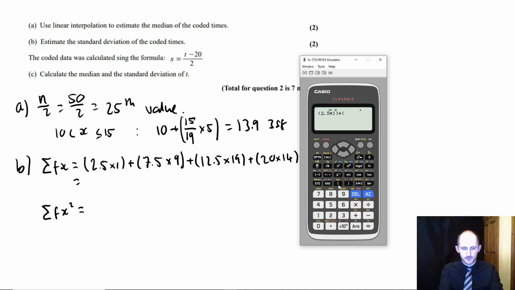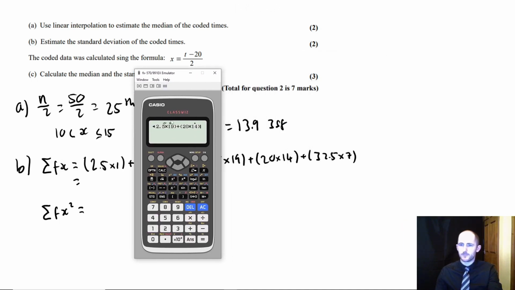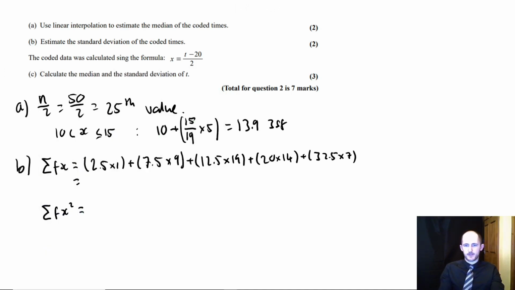Plus 7.5 times 9. Okay, that is 815. Perfect.